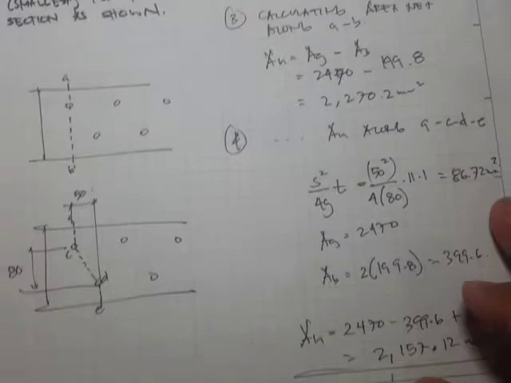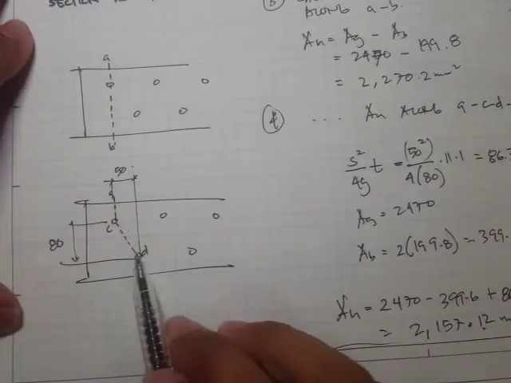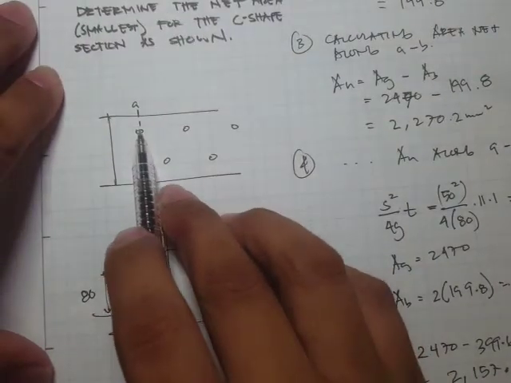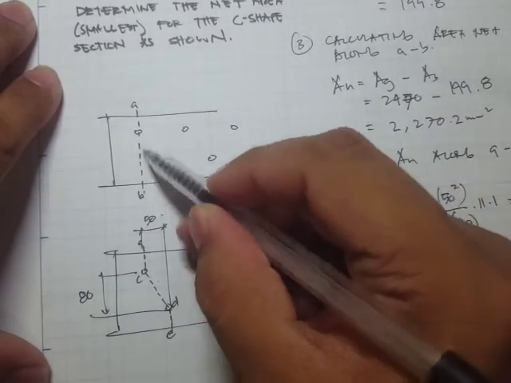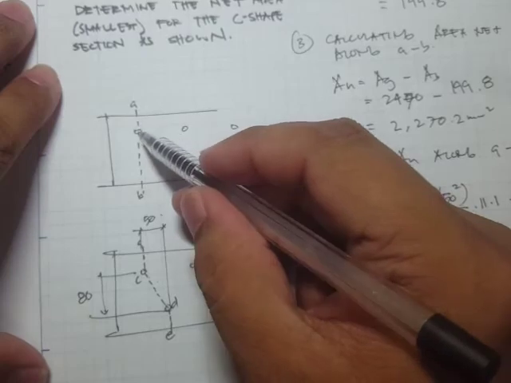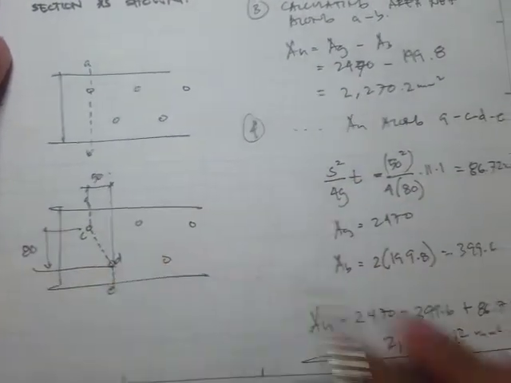Right, so here in this problem we have a lesser net area simply because we're not comparing the same number of bolt holes. Here we're only passing through one bolt hole, whereas here we're passing through two bolt holes. So that's going to be less.